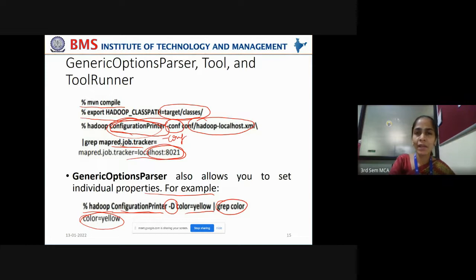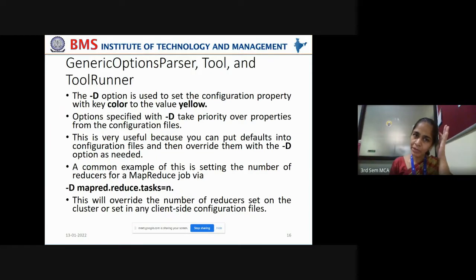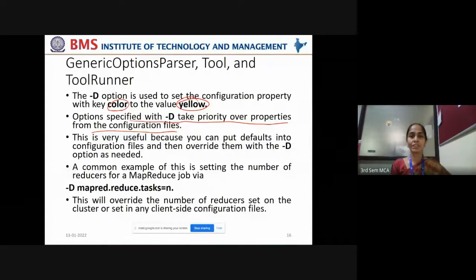Means the color yellow overrides the existing default color property by using this -D option. Now the -D option is used to set the configuration property with key color and the value yellow. Now options specified with -D take priority over properties from the configuration file.